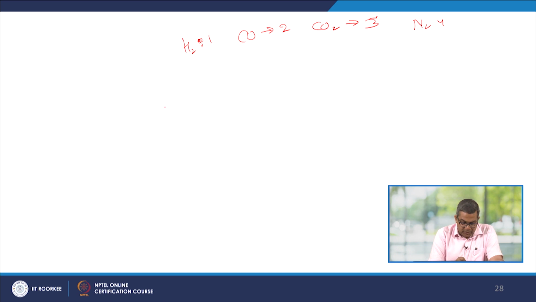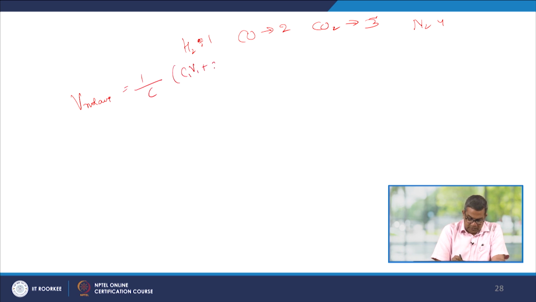So, the molar average velocity can be given as per the formula 1 over C, C1 V1 plus C2 V2 plus C3 V3 plus C4 V4, and that comes out to be Y1 V1 plus Y2 V2 plus Y3 V3 plus Y4 V4, where Yi is the mole fraction of component i in the gas mixture.